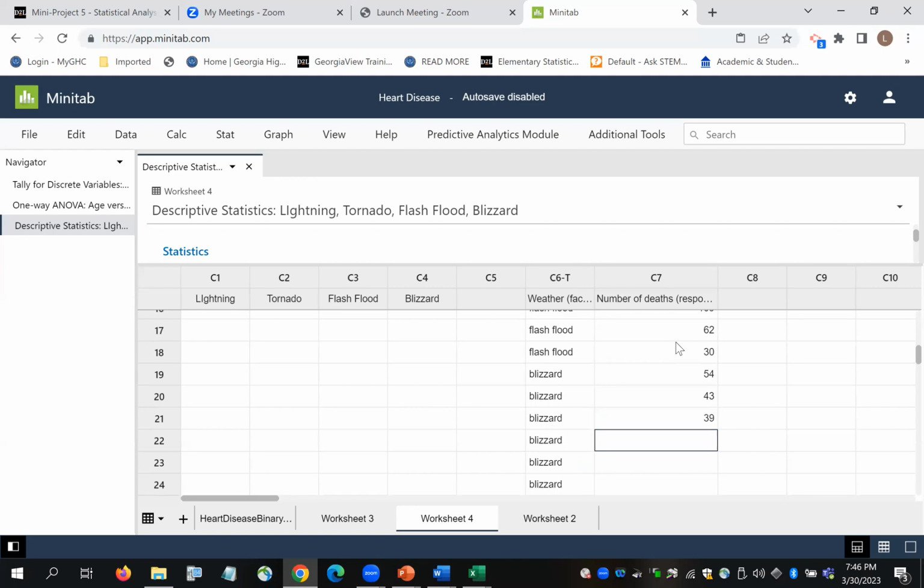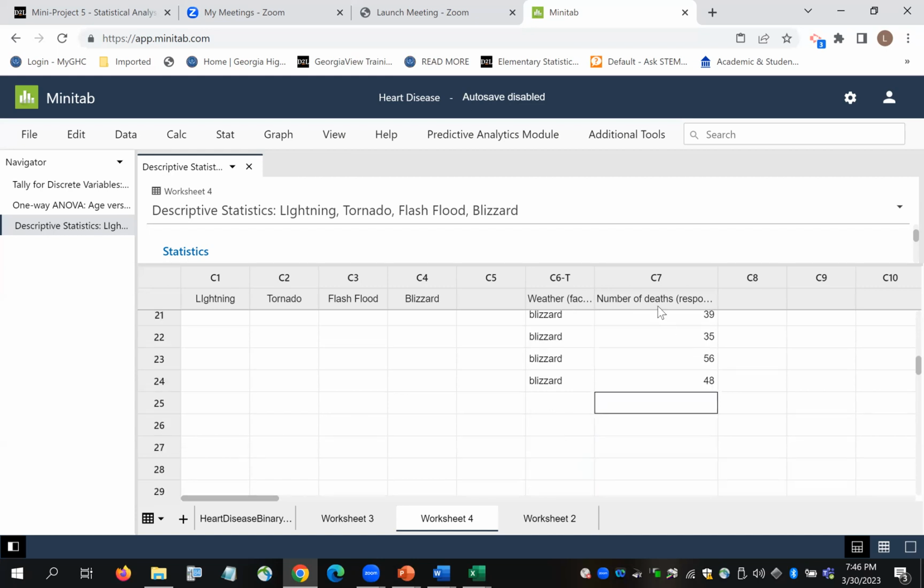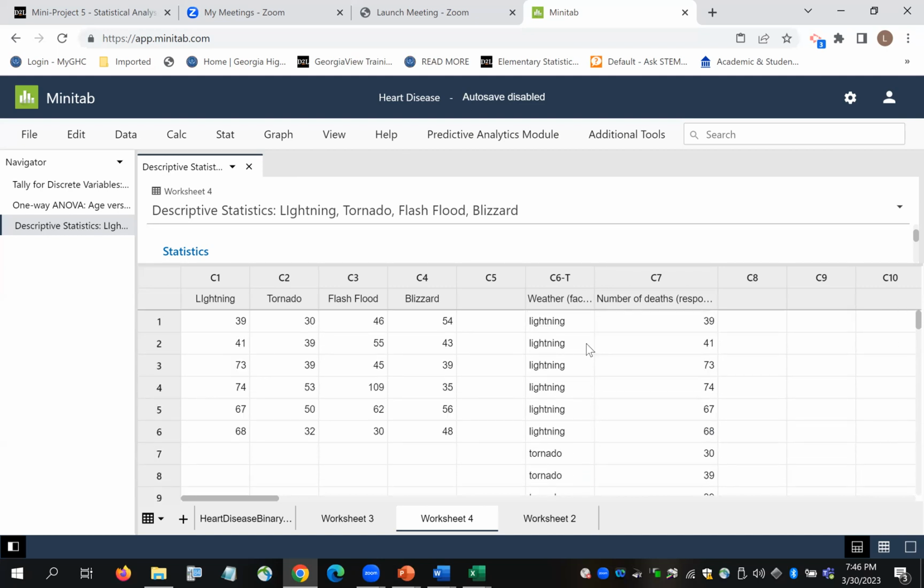Miss Ralston's entitled to one little small mistake, maybe. So instead of 4 different columns, all of the events are in one column and the corresponding number of deaths are in the other. Remember, the words are your factor, the numbers are your response.